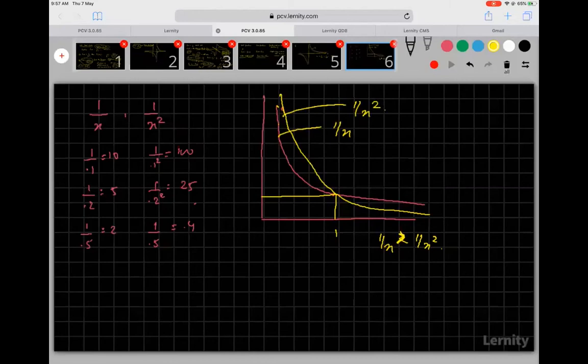They both start at the same point, but this is coming down gradually and this is coming down faster. At 1, 1, both of them intersect, and then this will become lesser than this.